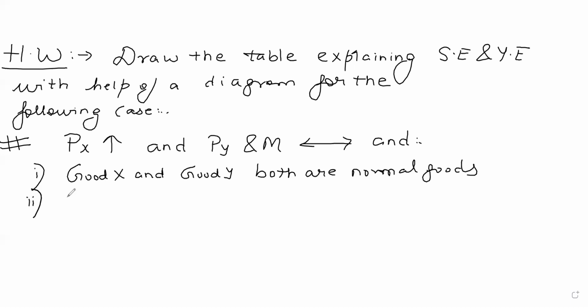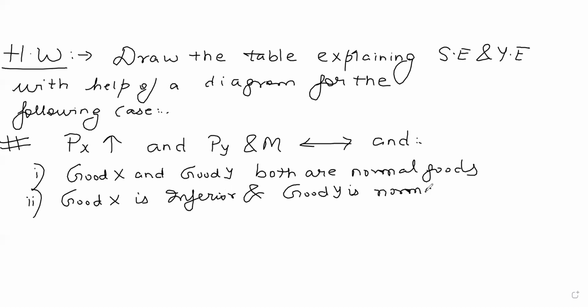Second case, good X is inferior and good Y is normal. And then we have the third case, which is good X is Giffen and good Y is normal.